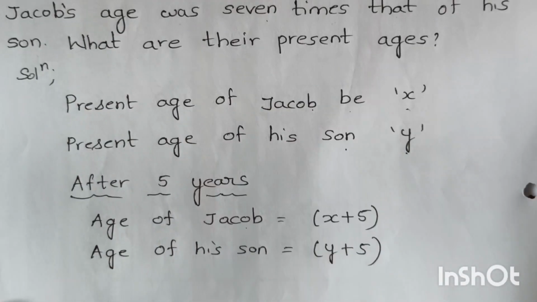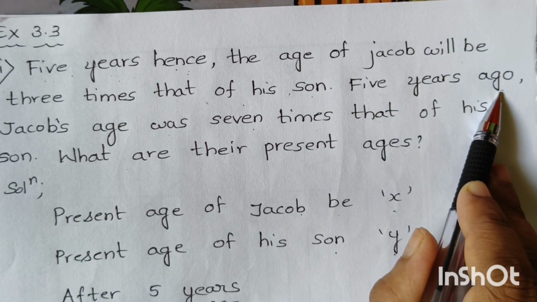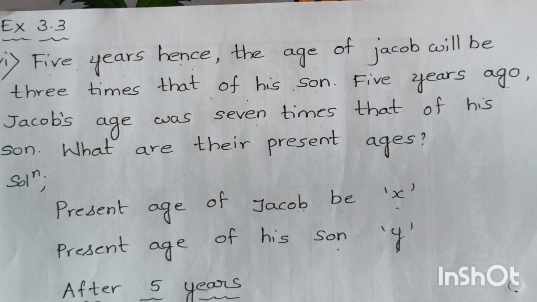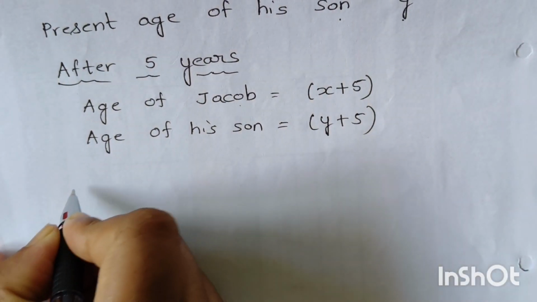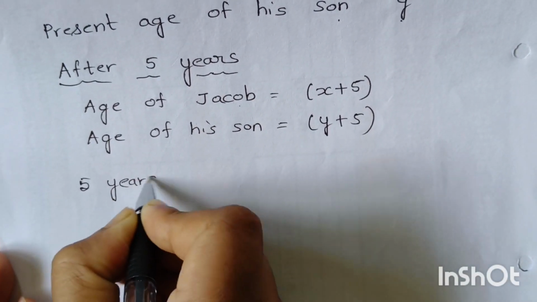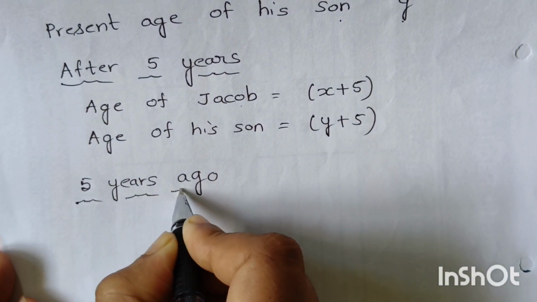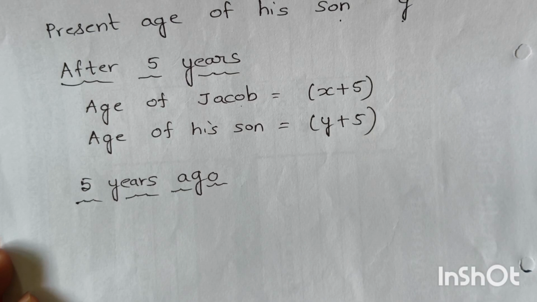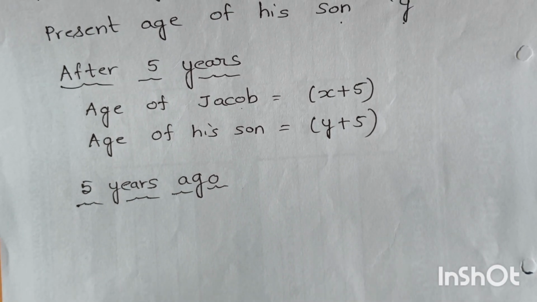Now look at the second sentence. 5 years ago means before 5 years. I can write 5 years ago. Five years ago, their age will be 5 years less.